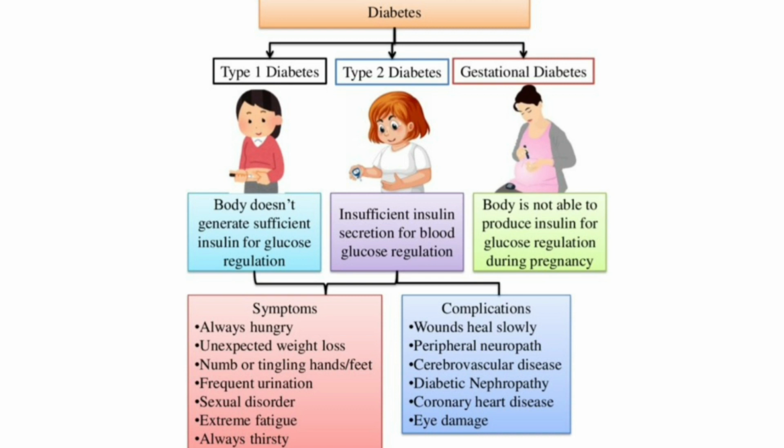So here you can see the types of diabetes: type 1, type 2 and gestational diabetes. In type 1 diabetes, the body does not generate sufficient insulin for glucose regulation, and IDDM accounts for 5% to 10% of diagnosed cases of diabetes. IDDM full form is insulin dependent diabetes mellitus.